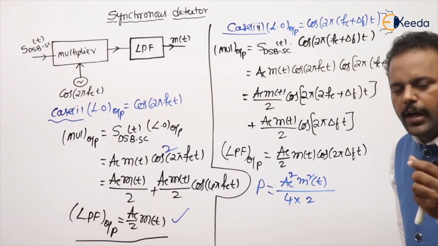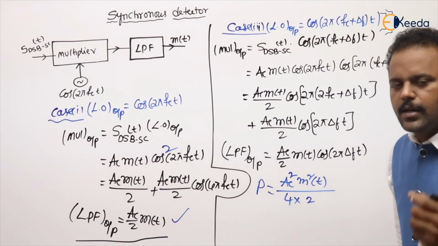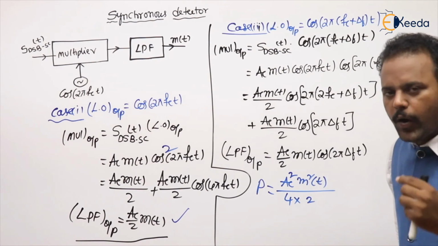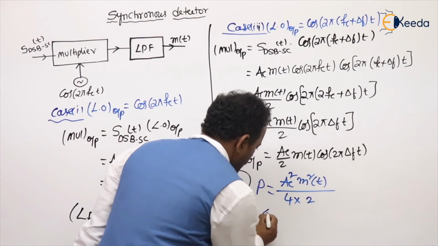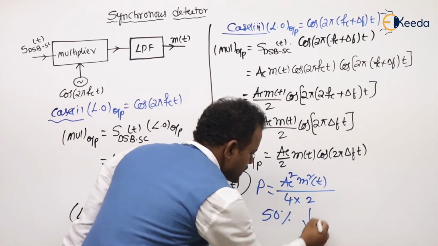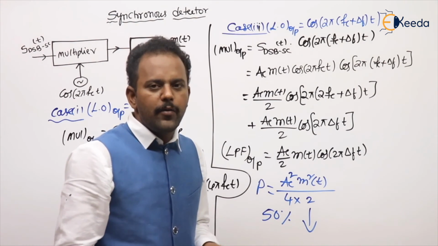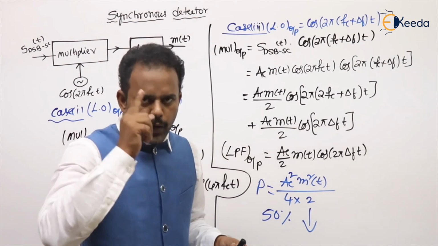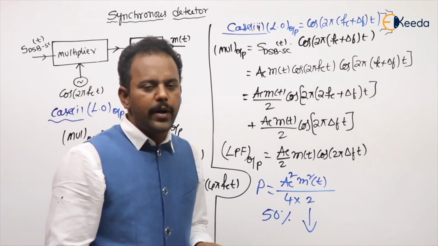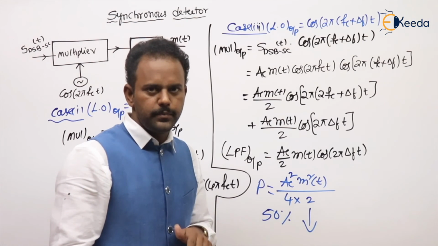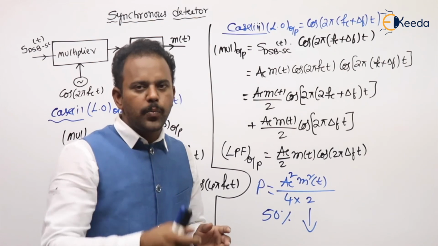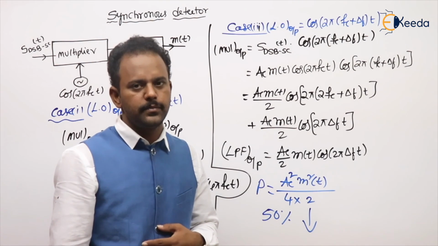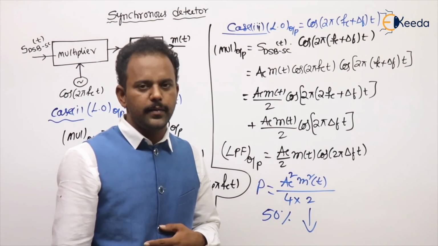Whenever we have any frequency difference, the output decreases by 1 by 2 in terms of power, that is, 50% decrease. So if you have any frequency difference, output power decreases by 50%, like with phase differences, the output decreases. Understand my point or not? Clear?